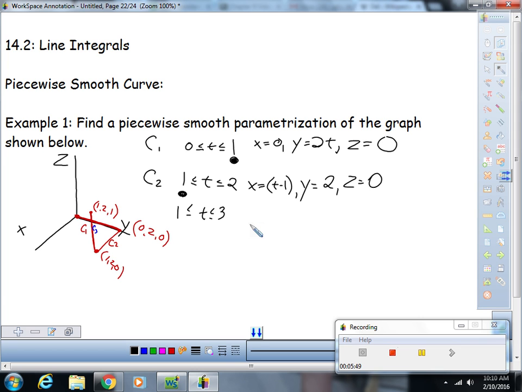Now let me tell you something. If you decided to make this, sorry, that should be a 2. If you, for some reason, decided to make this from 2 to 4, that would affect this right here, and that would totally take care of the parametric difference, and when you popped it in, it would still work.